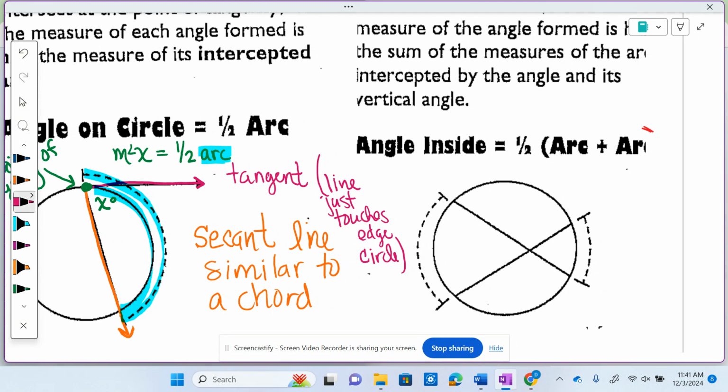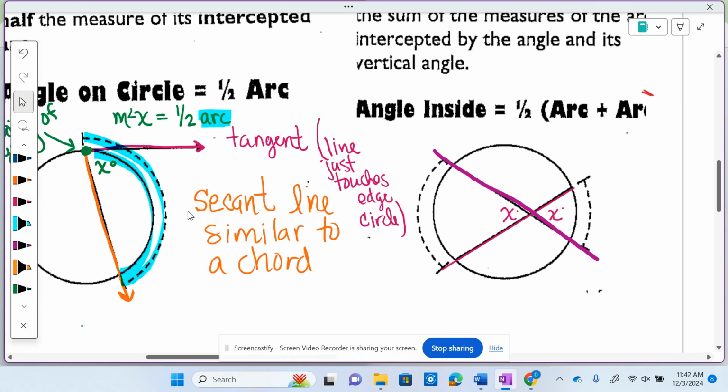So I have two secants, two lines that intersect inside of a circle. So the measure of the angle, we'll call it x, on the inside. Well, first of all, you notice that if this is x right here, this side is also x. Why?